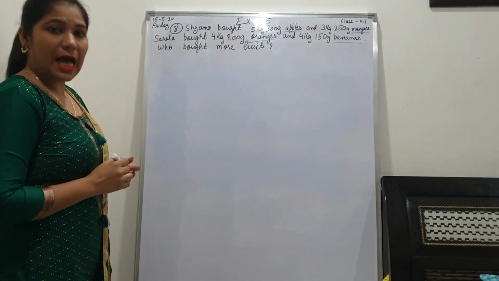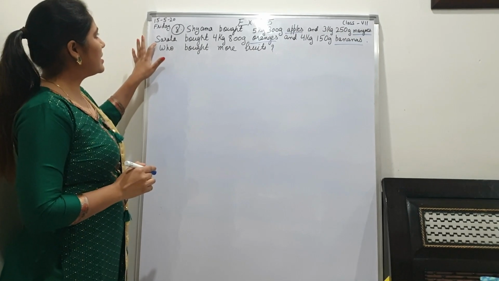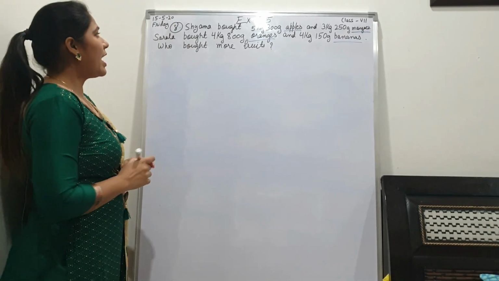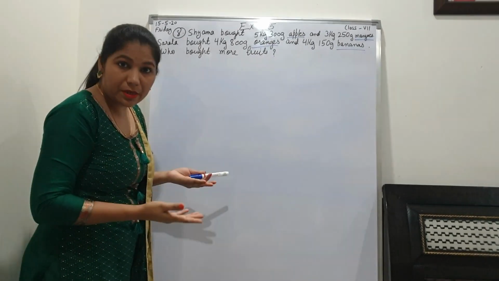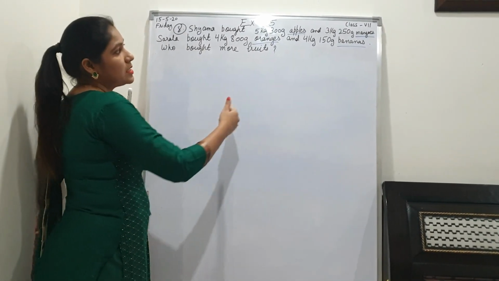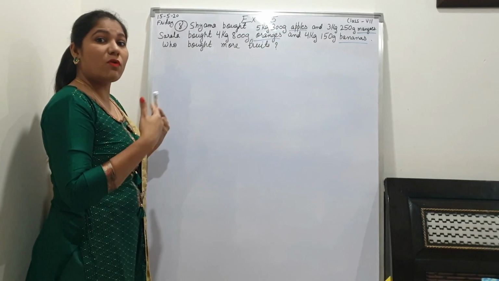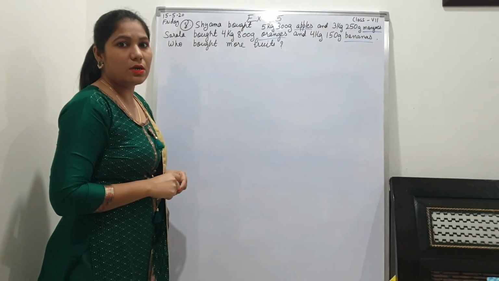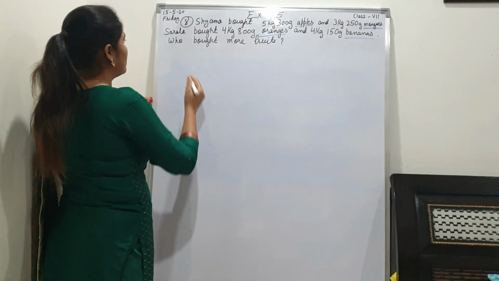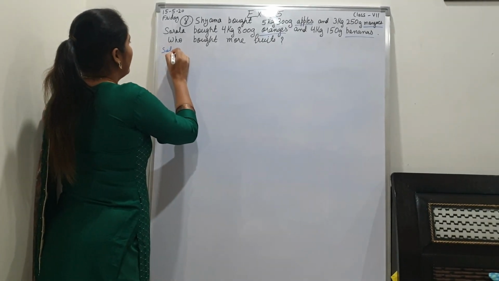So these are the items taken by Sarla and Shama. We have to see who bought more fruits. It means we have to compare. First we have to see which one is bigger. So for that we have to convert into the same unit. See the students how we will solve.